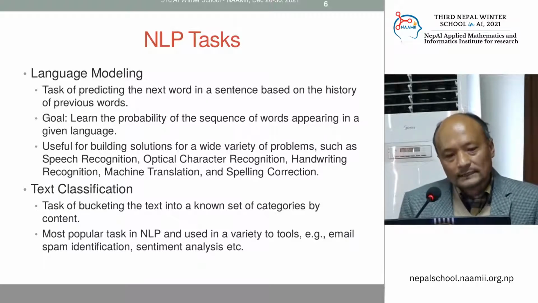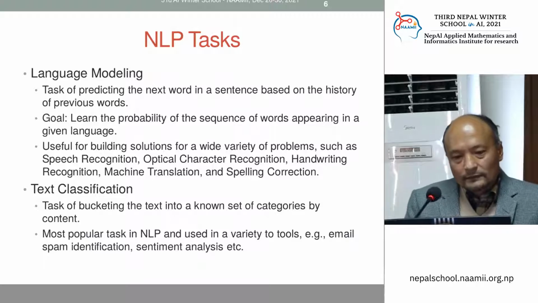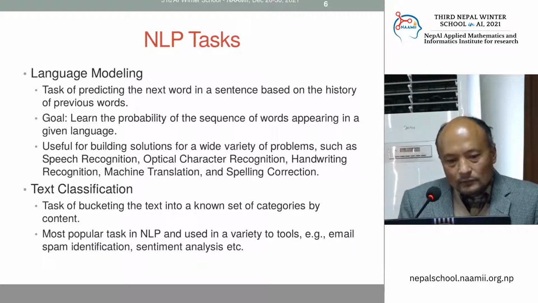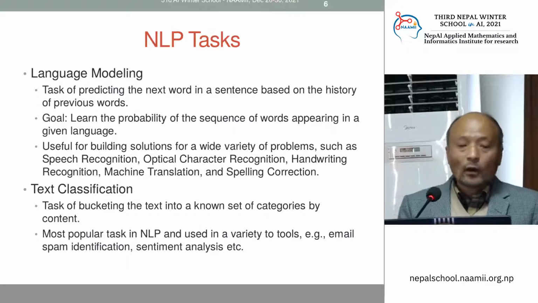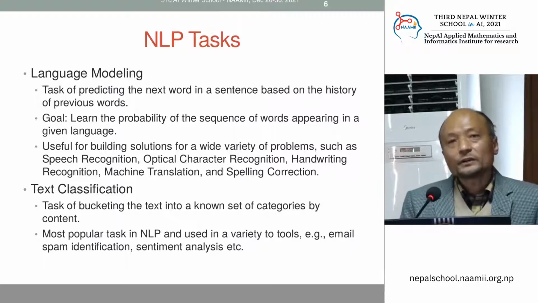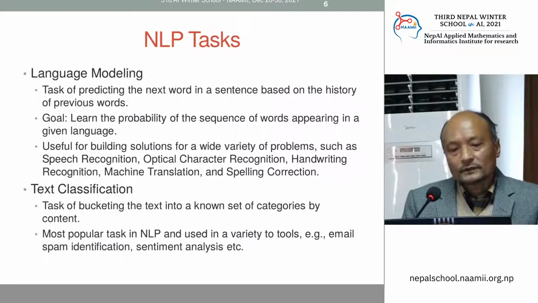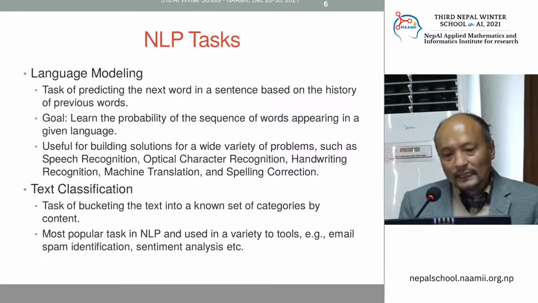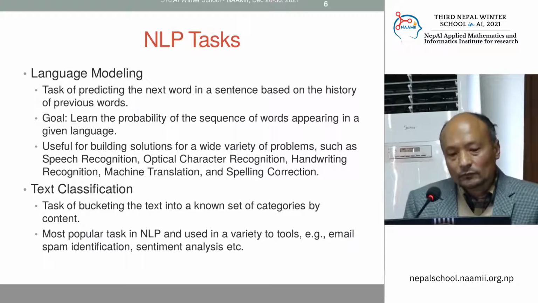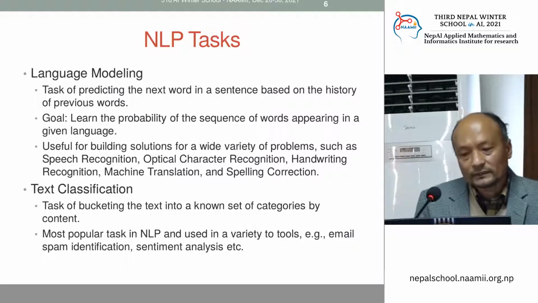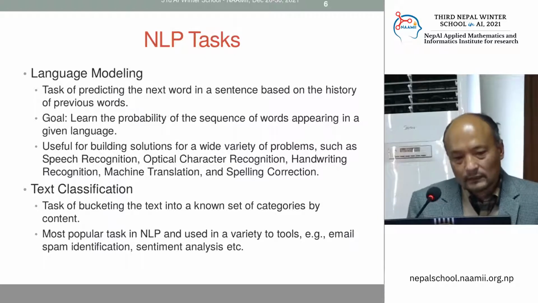So that's autocomplete, another application here. Language modeling is basically a very powerful feature that's used in a variety of NLP tasks or problems like speech recognition, optical character recognition, handwriting recognition, machine translation, spelling correction, and several others.